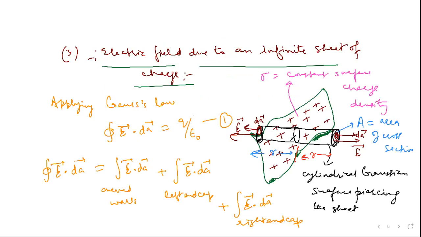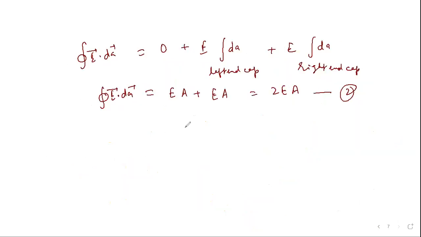Q is the charge contained inside the Gaussian surface. Now this Gaussian surface is penetrating through the sheet and it will contain only that portion of the sheet which has area equal to the area of cross section of the Gaussian surface. That will contain how much charge? Sigma A. So my Q is sigma A.